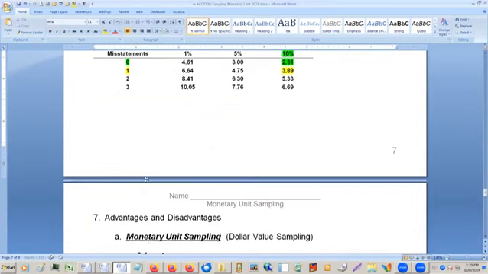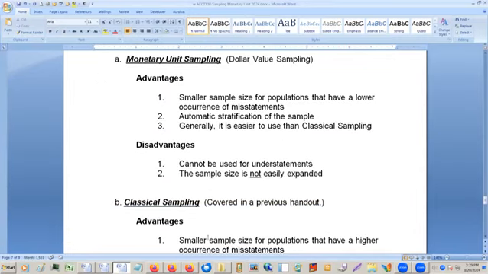Advantages and disadvantages. We talked about some of these. If they have a low occurrence of misstatements, a smaller sample size is needed, and this is one of the big advantages of it. Automatic stratification of the sample.